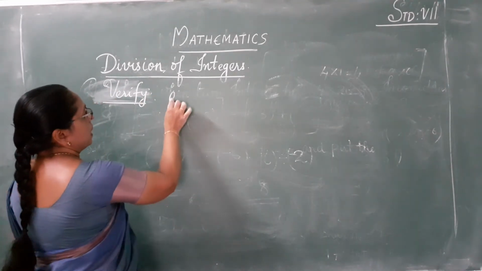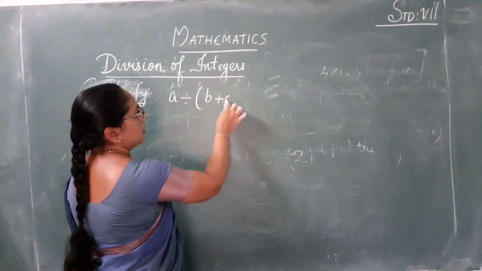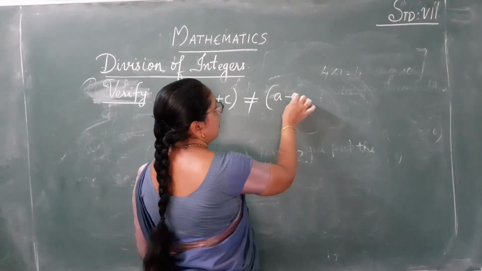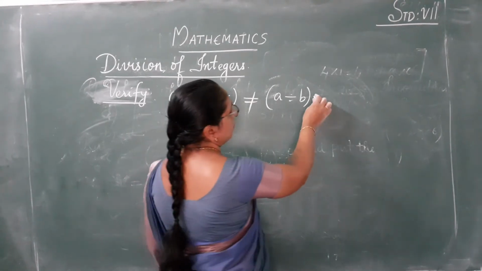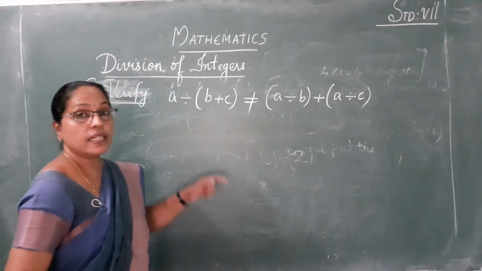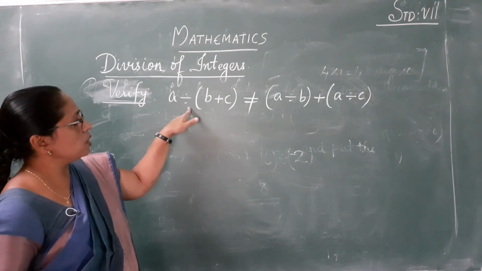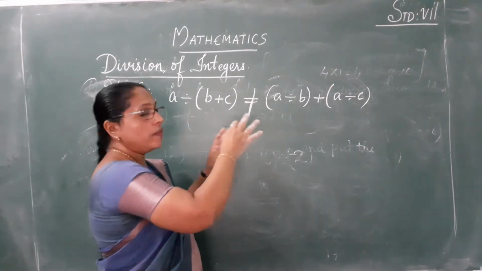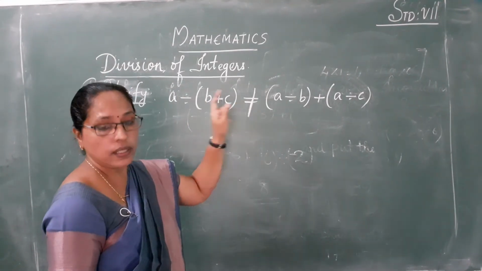A divided by B plus C is not equal to A divided by B plus A divided by C. It's like the distributive property we discussed in multiplication, but here instead of A into, it's divided. Here it is given that it's not equal to. So when verification comes, solve LHS and RHS and show they are not equal.